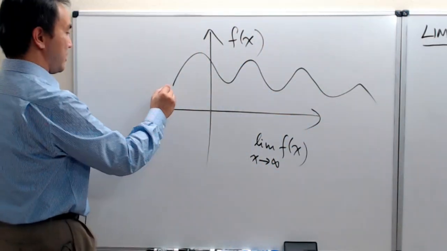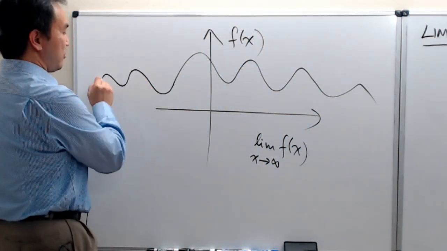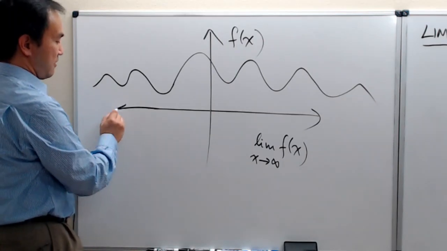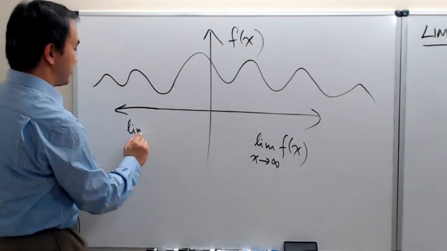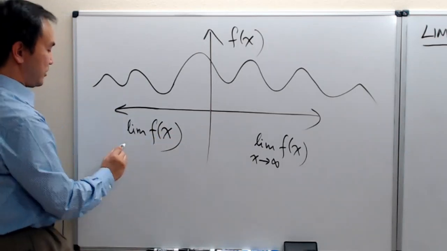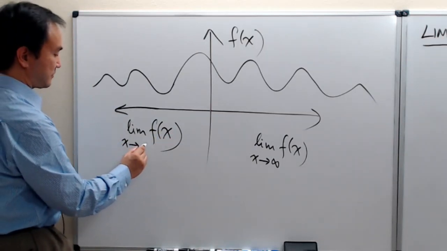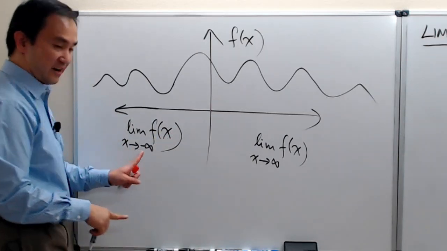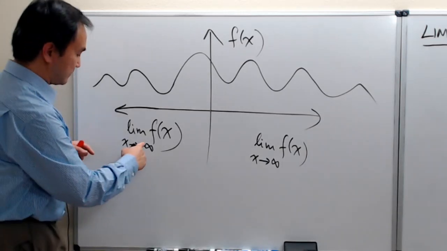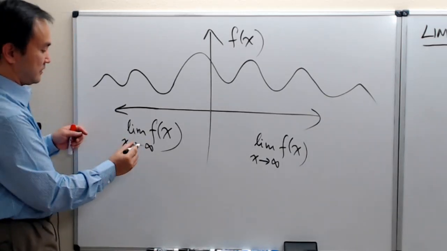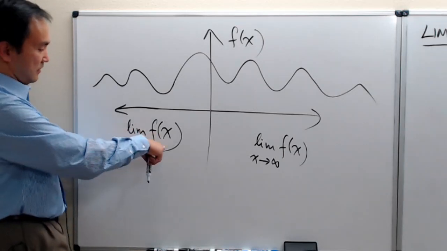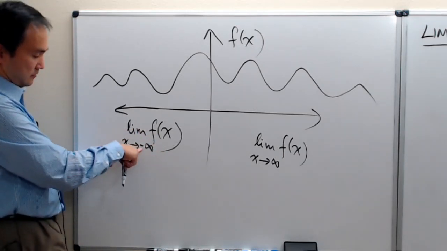In the same way, if, on the other hand, we want to find out and study what's happening to the function outputs when we're letting x get further to negative infinity, then we formulate our problem as the limit of f of x when x is going to negative infinity.